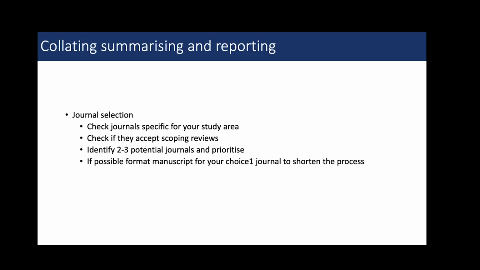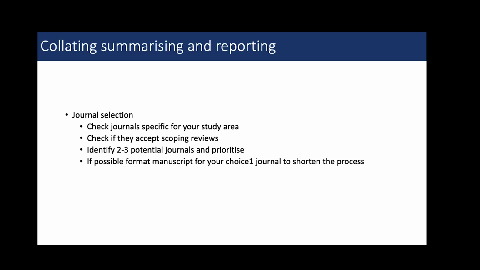And then the last thing, well, you've done all the work, you want to tell the world about it. Most likely for us, we do it through publications. If you can select your journal early on, I think that would be helpful, because it helps you keep your focus and see what that journal requires.